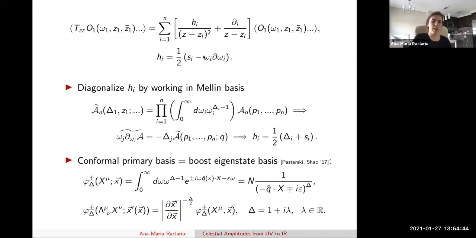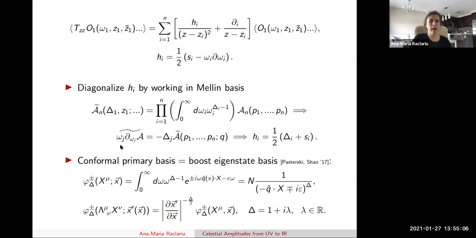And it turns out that this omega_i d by d omega_i is nothing but a boost in the direction of the particle of momentum p_i. And so diagonalizing this omega_i d by d omega_i is like diagonalizing that respective boost. And taking these Mellin transforms with respect to these external energies actually does the job.